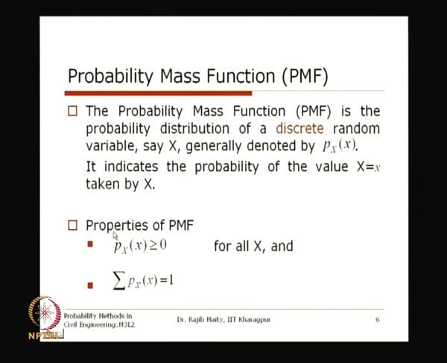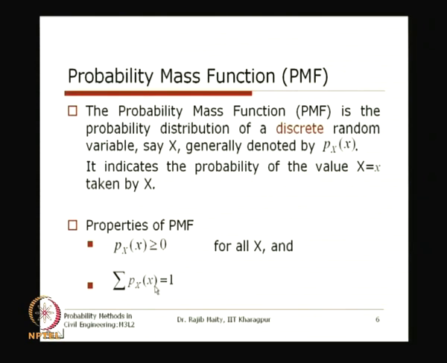There are some properties for this, as we indicated in the last slide. The first property is that for each and every value the random variable can take, the probability should be greater than or equal to 0. So, this probability can never be negative; it is a non-negative number. And the summation of all these probabilities: x is defined over some specific values, where this probability is defined.